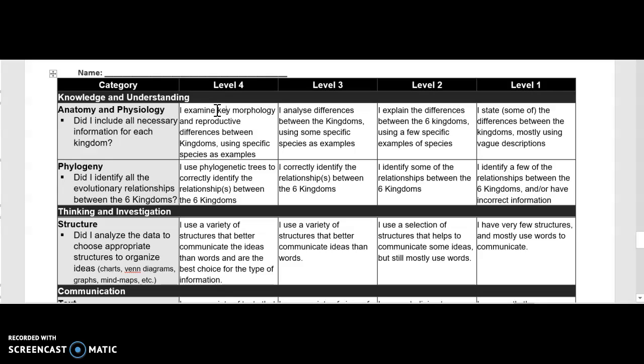So meaning that you're not just analyzing it as I just did, you're going into a lot more specific detail. A really good way to do this is to use specific species as examples. So, you know, in Australia, there are kangaroos, and kangaroos live in wherever they live. I picked a bad example.